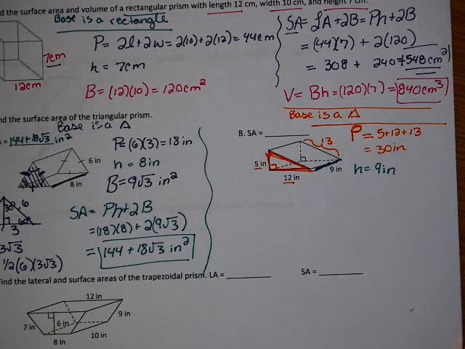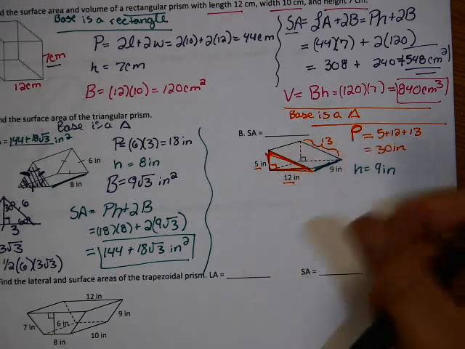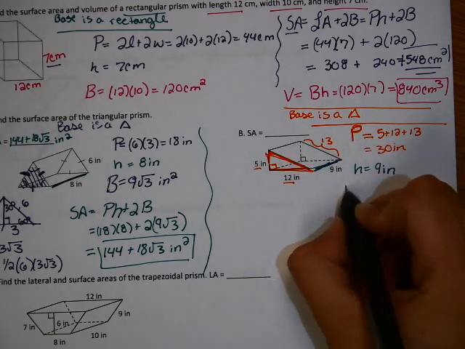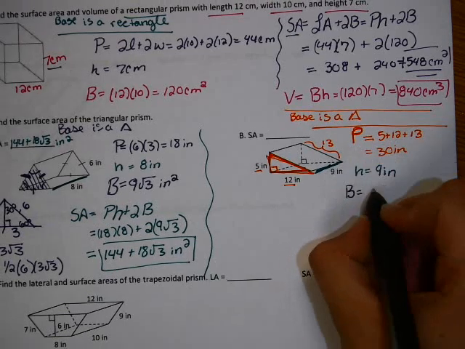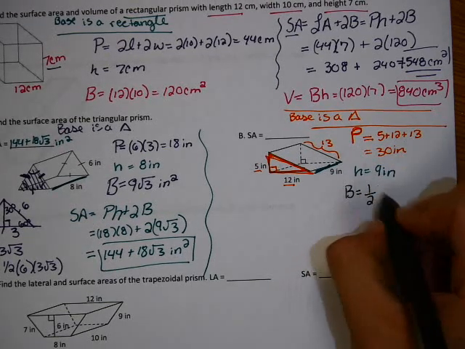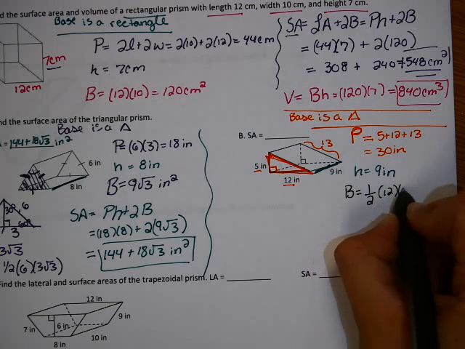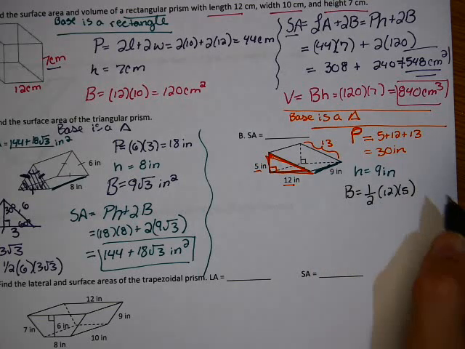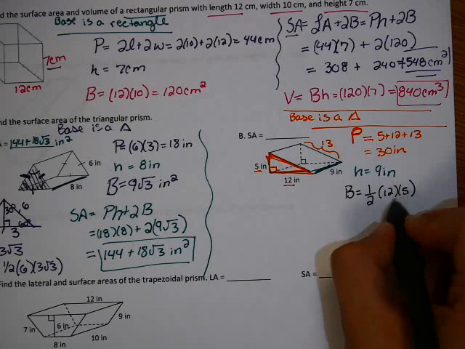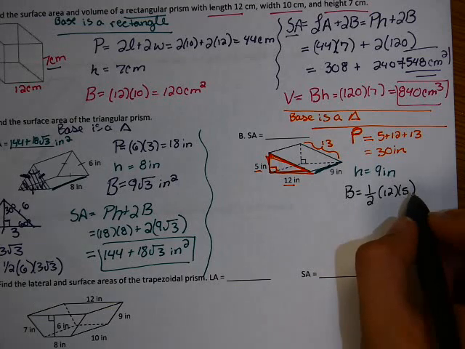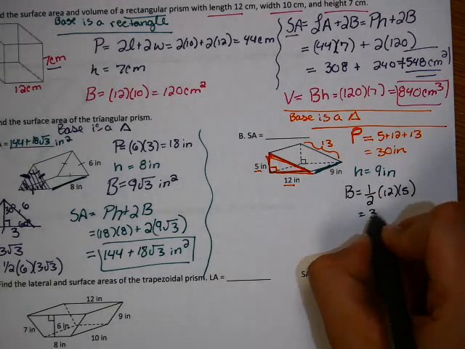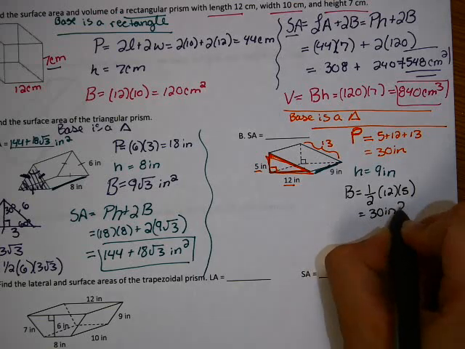Now we have to worry about the area of the base. Since it's a triangle, it's 1/2 times 12 times 5. So 12 times 5 is 60. Half of 60 is 30, so we get 30 inches squared.